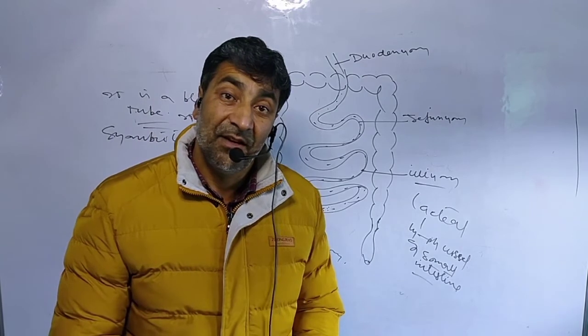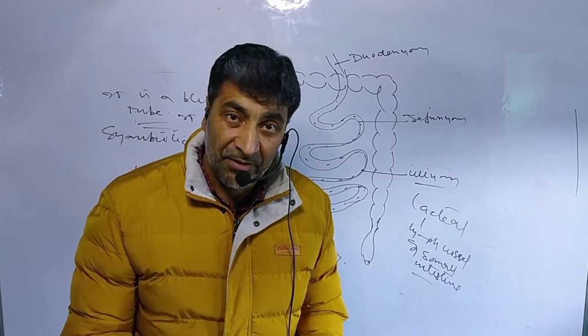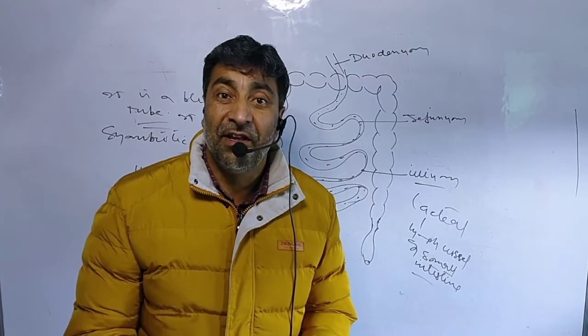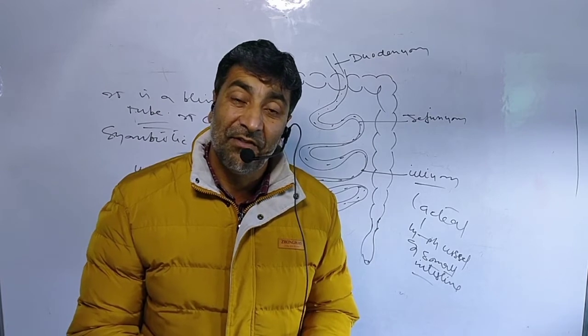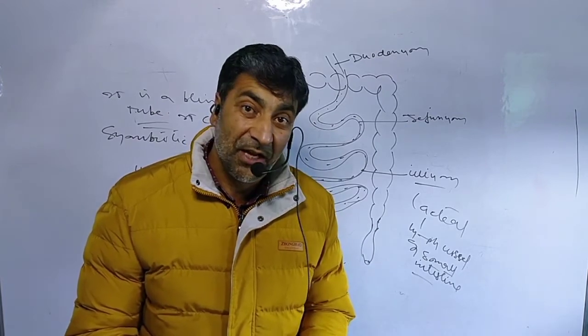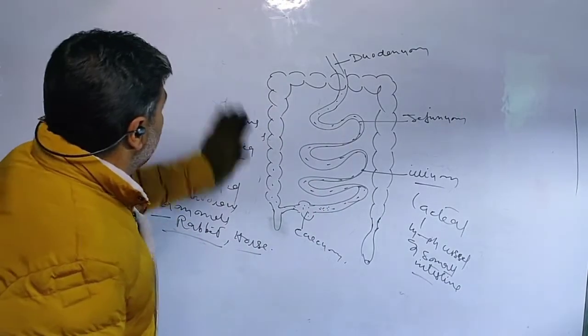There is an important valve, NEET students remember, it is important for NEET. That valve is called the ileocecal valve. The ileocecal valve is over there, which prevents backflow of undigested food.